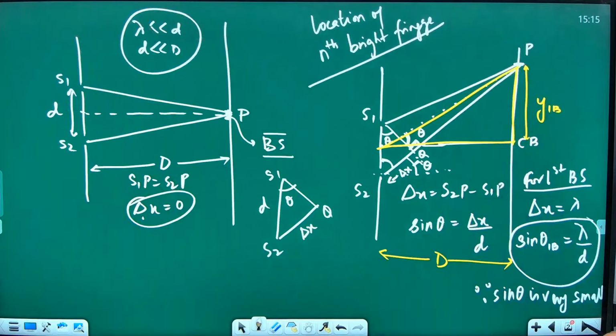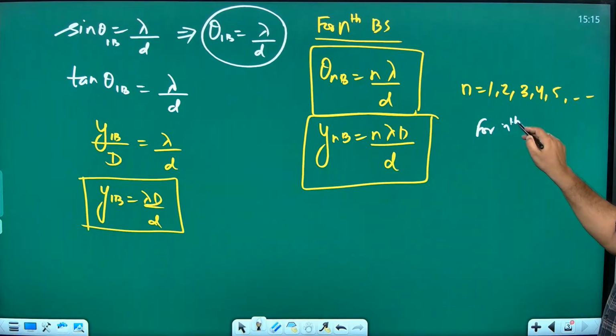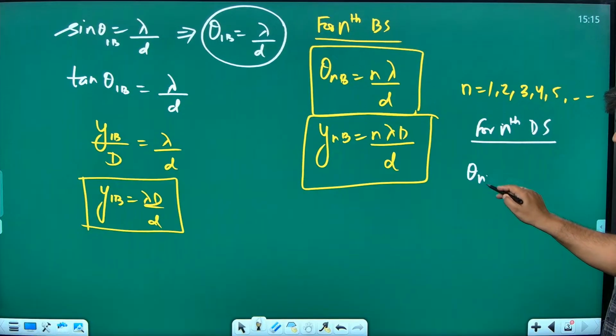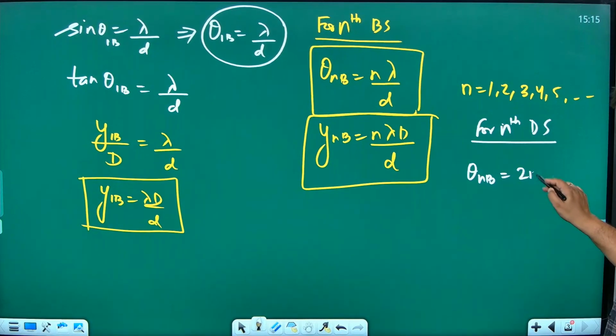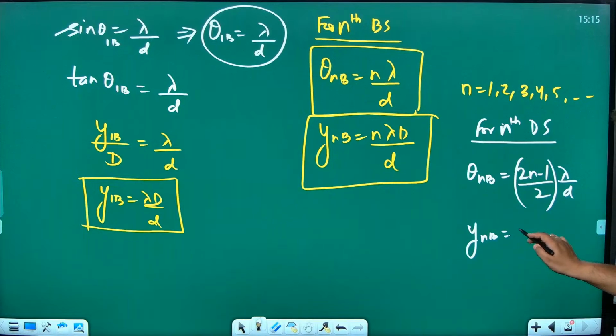So I can directly write here that for the nth dark spot or destructive interference, theta of nth dark will become equal to (2n minus 1) by 2 into lambda by d, isn't it? And y of nth dark will become equal to (2n minus 1) by 2 into lambda D by d.